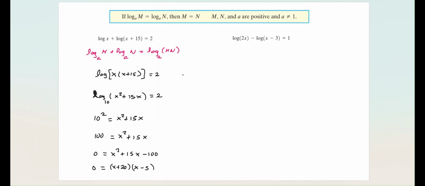Now solving this quadratic equation, we get that x plus 20 equals 0, so x is equal to negative 20. And the other solution is x minus 5 equals 0, so x equals positive 5.